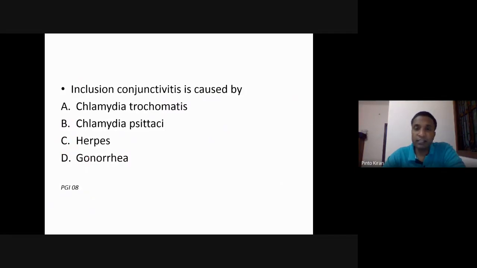Inclusion conjunctivitis is caused by, who will answer? Options are chlamydia trachomatis, chlamydia psittaci, herpes and gonorrhea. What is the answer?